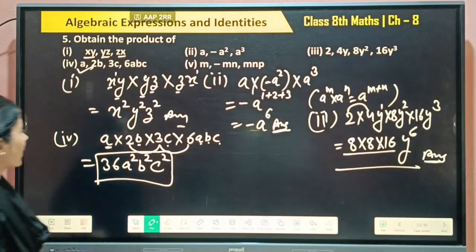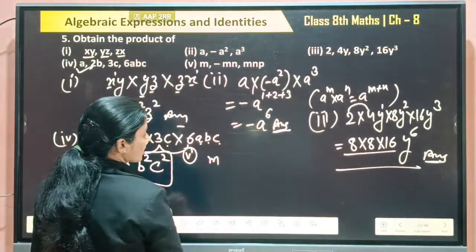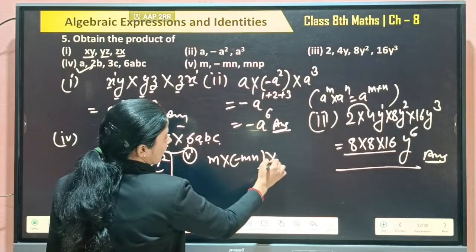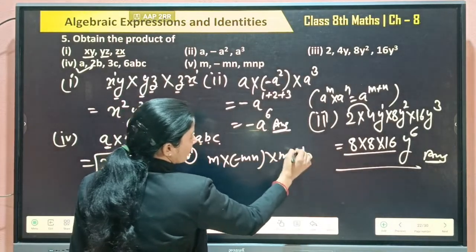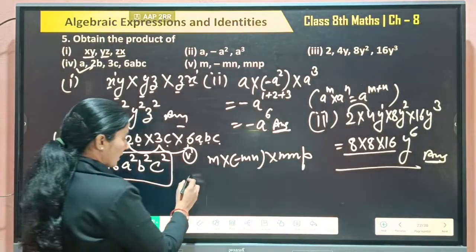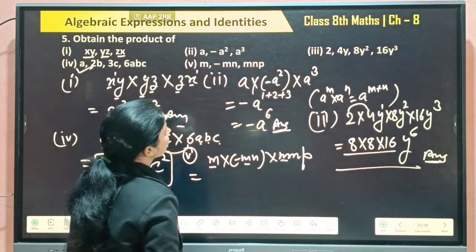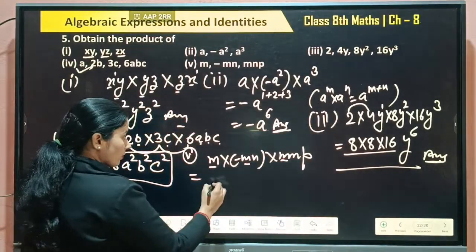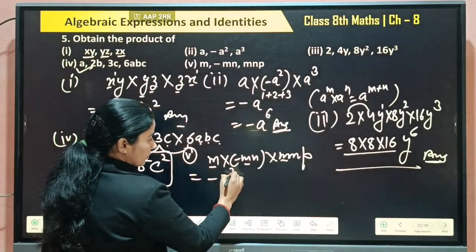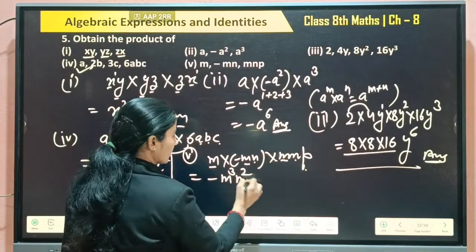What is the fifth part? In the fifth part, we have to multiply m with minus mn and mnp. These three terms we have to multiply. So m is multiplied 1, 2 and 3 times. The minus will stay as it is, so m raised to power 3, n is multiplied 2 times, n raised to power 2, and the single p is there.